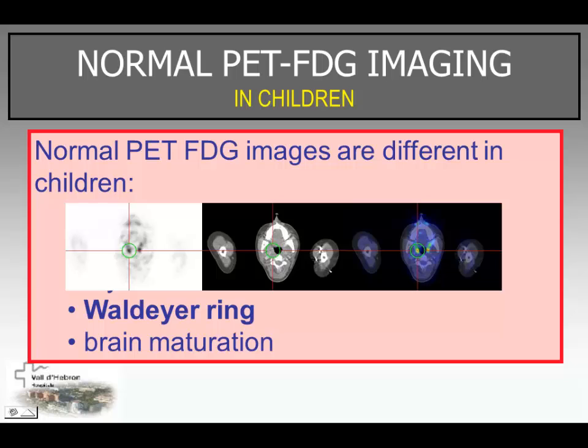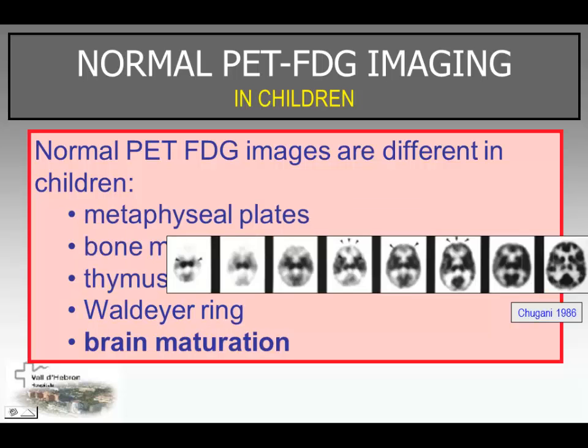The Waldeyer ring is very often quite difficult to value, because sometimes you can find only the activity on adenoids and the tonsils. But quite often we have some activity on the retropharynx, and it is very difficult to report this kind of thing. And the brown fat has been described by Shugani 30 years ago.